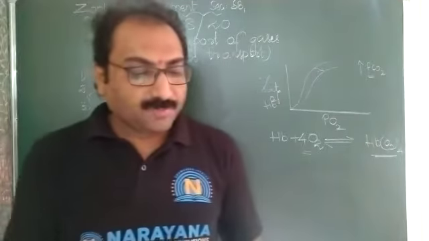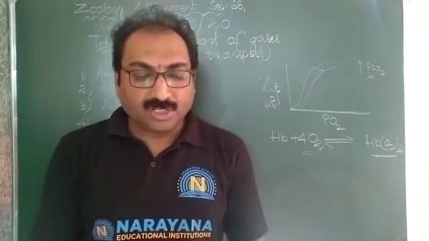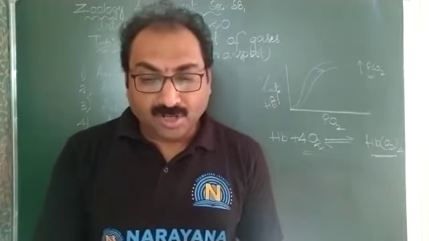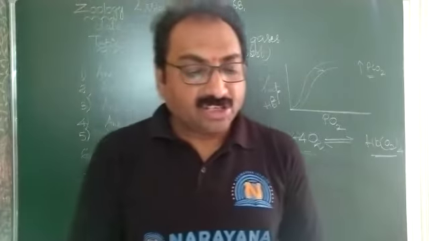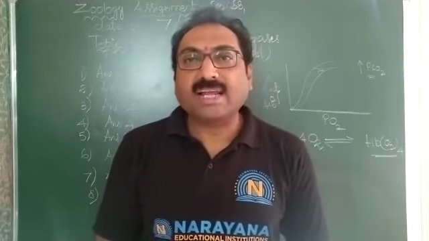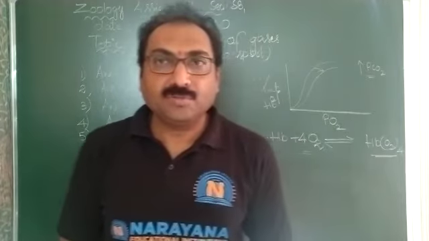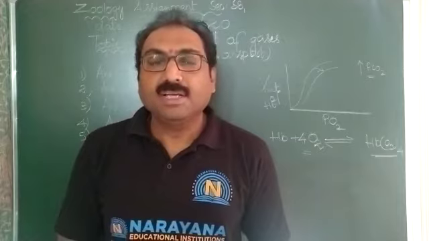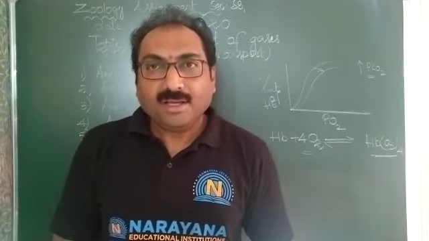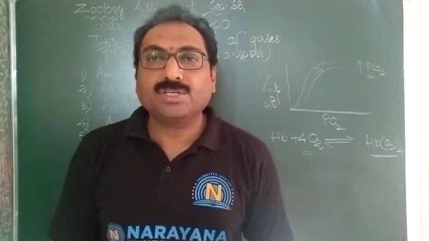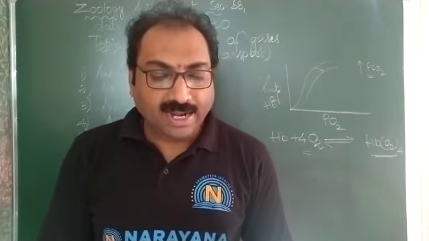Decrease in pH causes oxygen dissociation curve of hemoglobin to shift to. So decrease in pH leads to shift of the curve towards the right side. Decrease in pH means acidity is increasing. In the highly acidic nature, the oxyhemoglobin dissociation curve moves towards the right side.